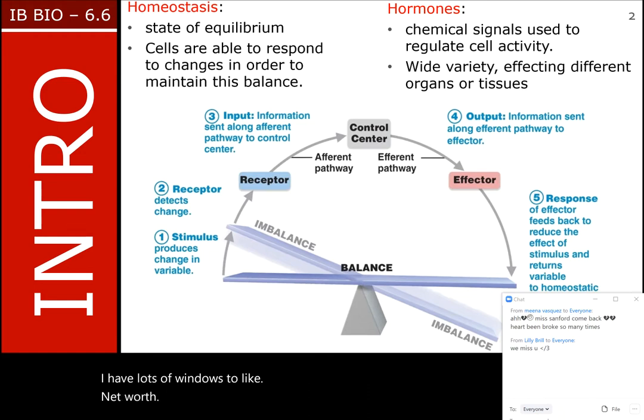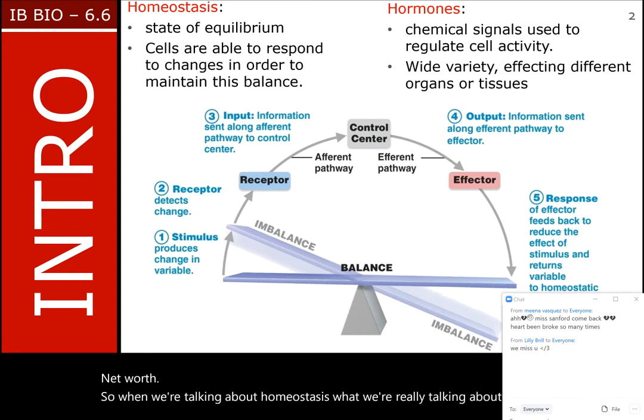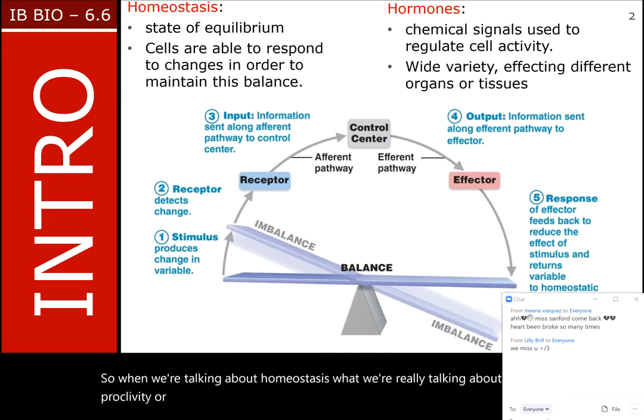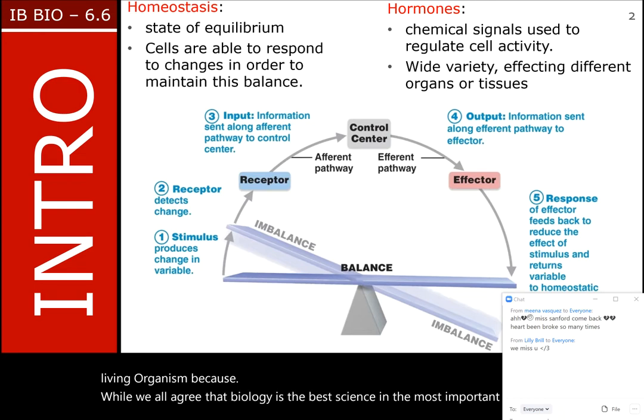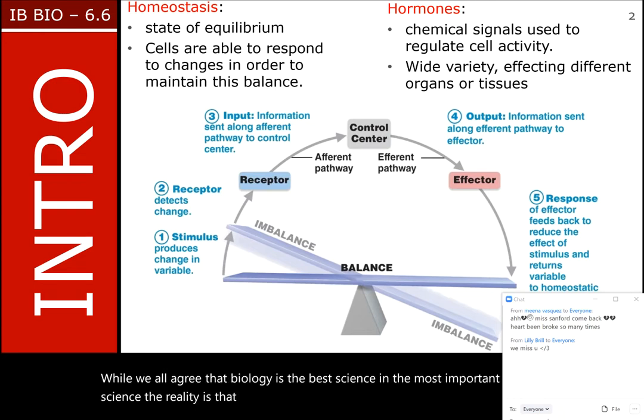All right. So when we're talking about homeostasis, what we're really talking about is the proclivity, or the necessary need, to maintain a certain set of conditions in a living organism. Because while we all agree that biology is the best science and the most important science, the reality is that biology is nothing but applied chemistry.